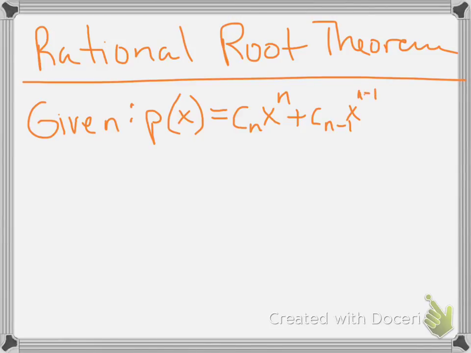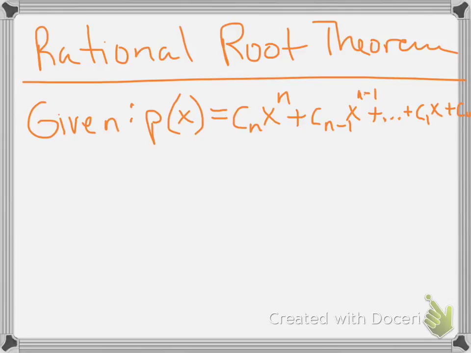In other words, my powers of x are stepping down by 1 each time. And c sub n stands for the constant that goes with the nth degree term. C sub n minus 1 is the constant that goes with the n minus 1 degree term. And that's going to continue with a bunch of stuff in between to c1 x to the first power plus c sub 0.